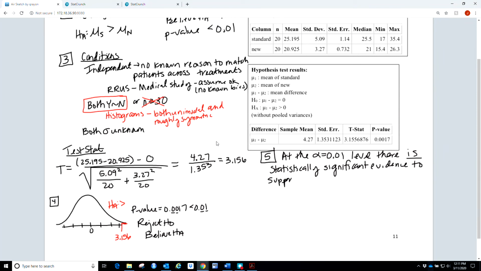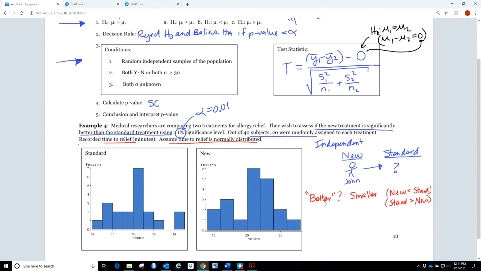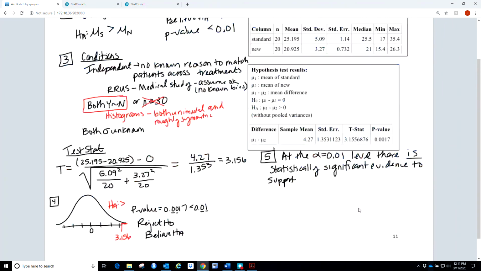And then finally our alternative in words. Now what we were trying to show was that the new treatment was better than the standard treatment. Technically though, the average time.